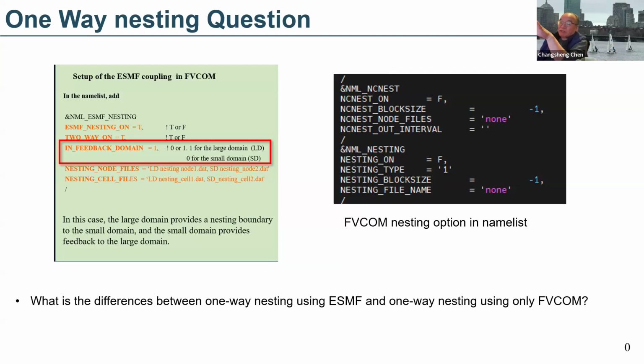Your big model runs first. You output the boundary condition, put it in as the boundary condition for the small model domain, and run again.